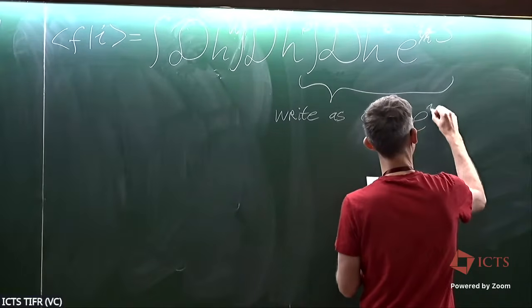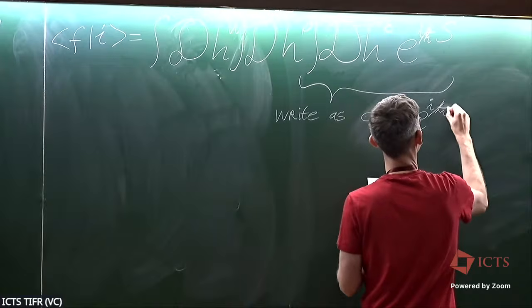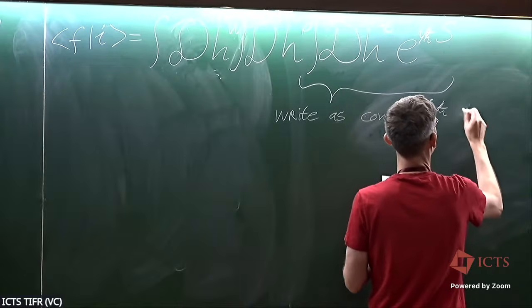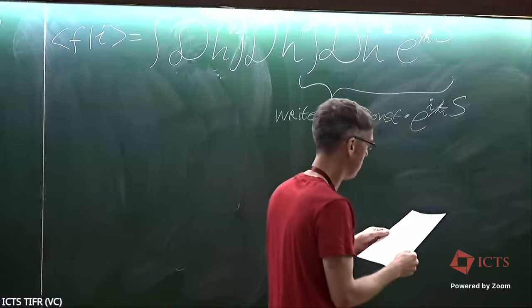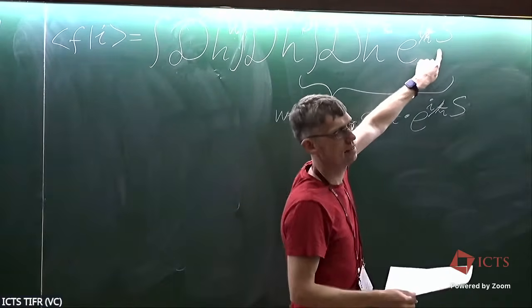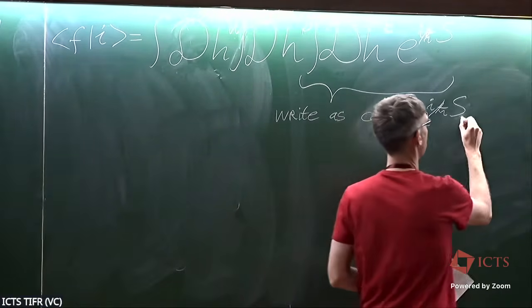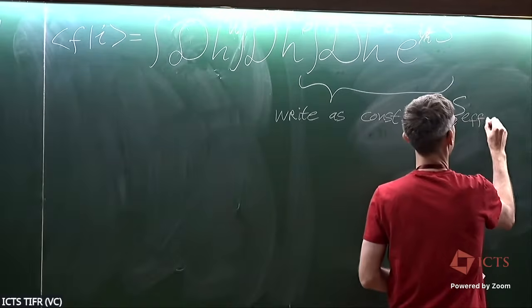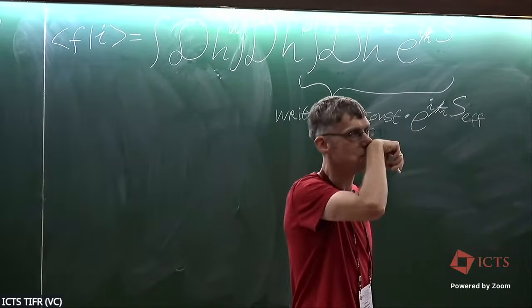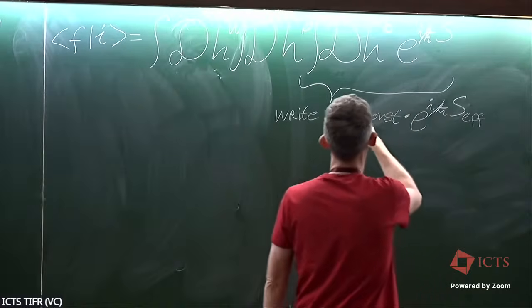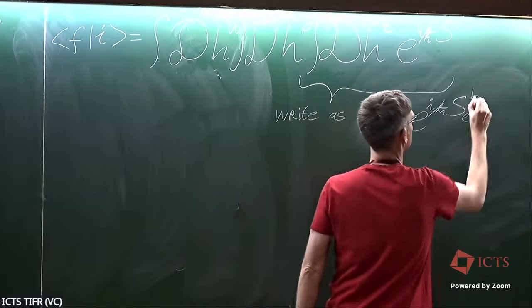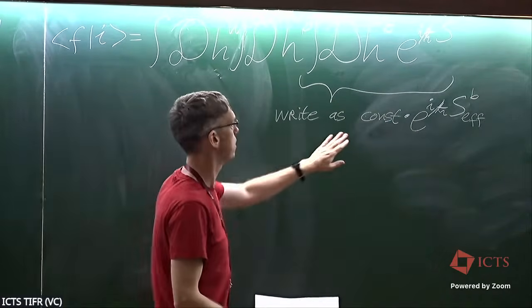Times e to the i divided by h bar S. But of course, this is not the same as here, right? So this will now be our effective action. And let me also put a b over here because we have integrated out the body scale.